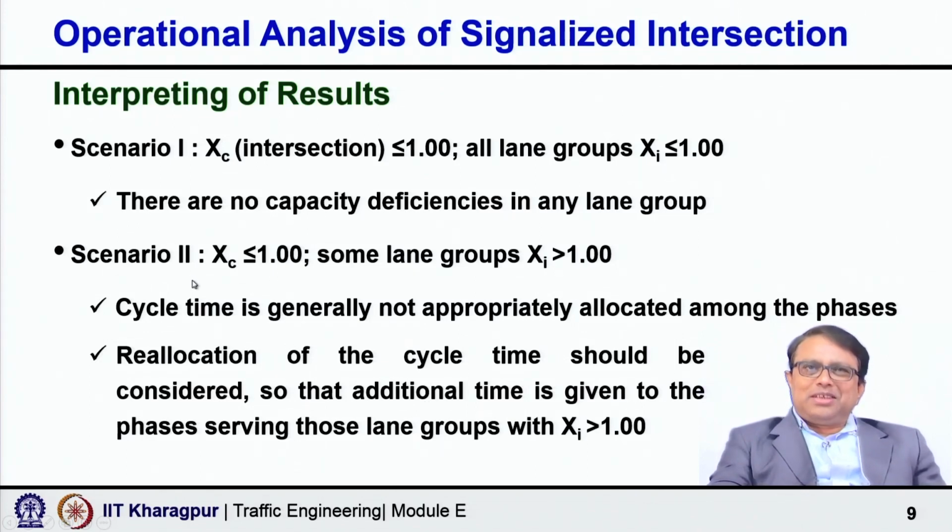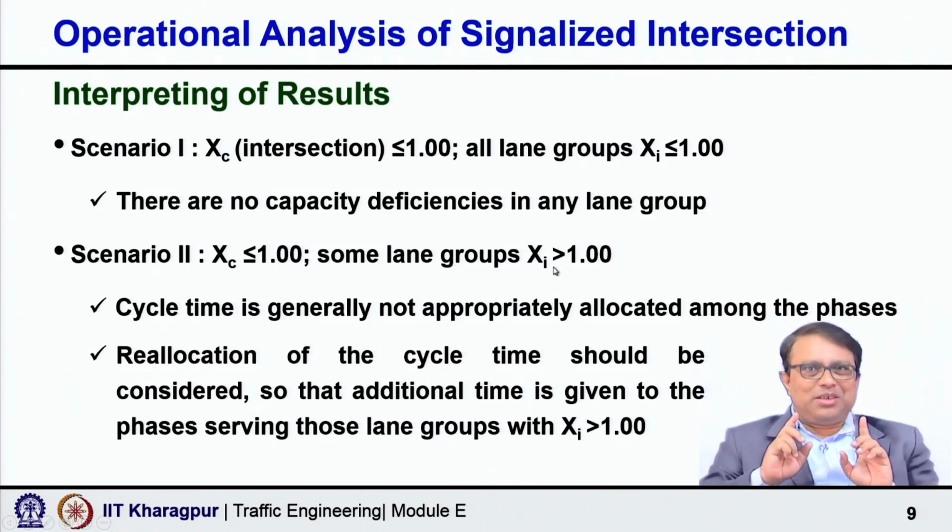Now, take another scenario, x is less than or equal to 1. So, overall intersection capacity wise it is fine, but for some lane groups xi is greater than 1. What does it indicate?